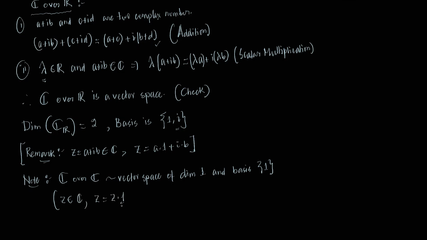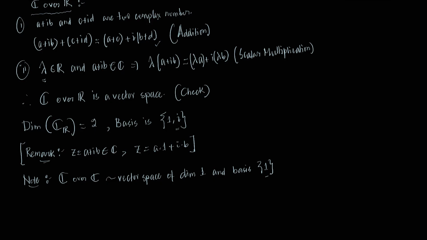So any element can be represented using this basis element. In this case it is true because Z is already in C. So this is always true. So C over C is a vector space of dimension 1.